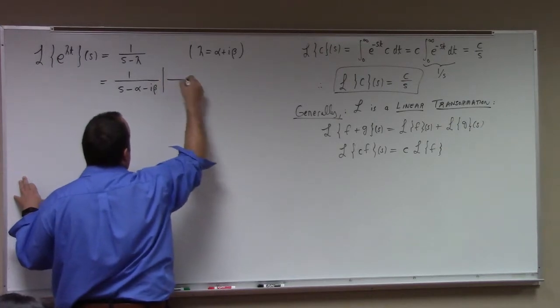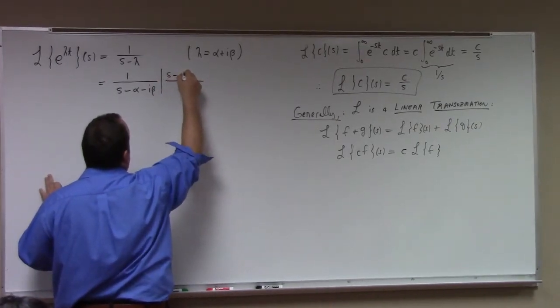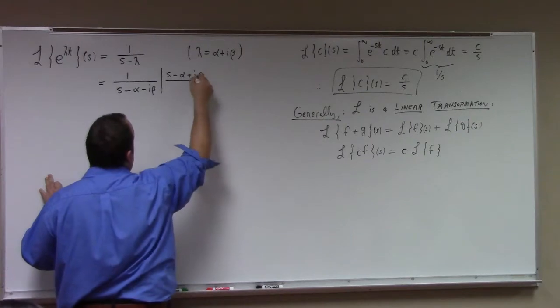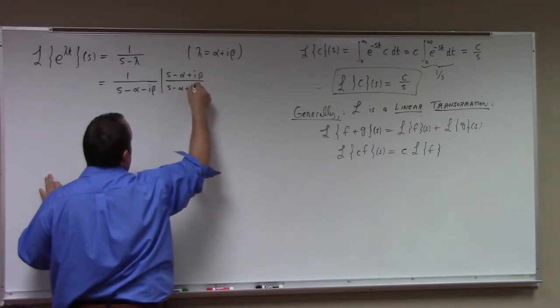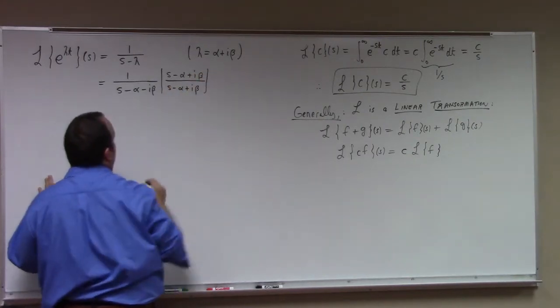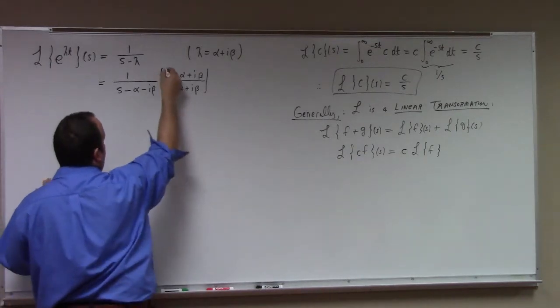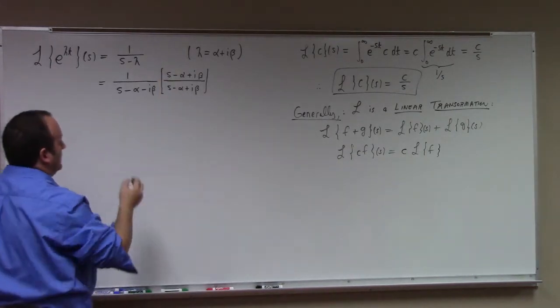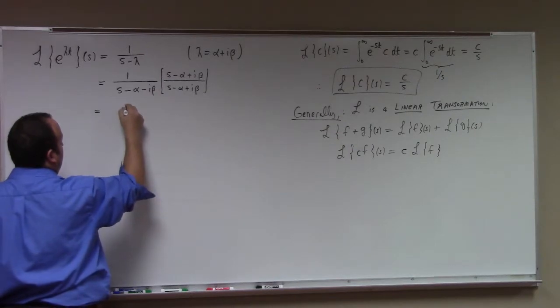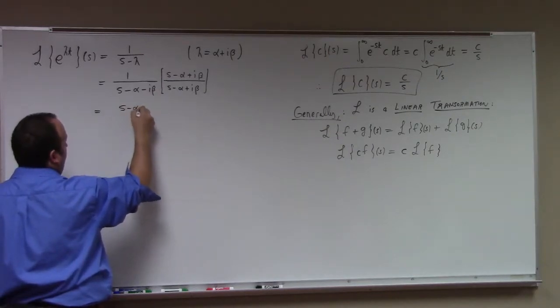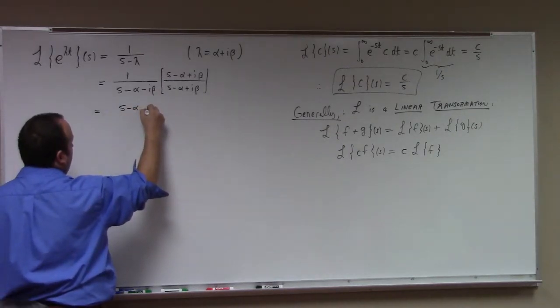The complex conjugate, right? This will put the I upstairs, and what we're going to get is s minus alpha plus I beta.